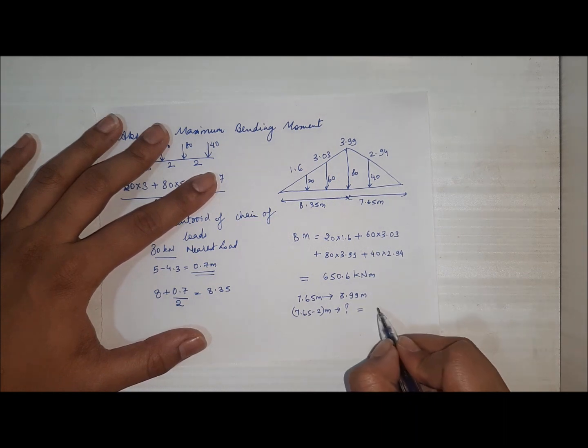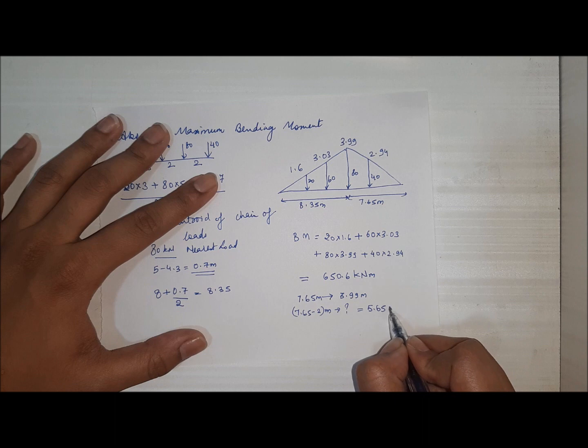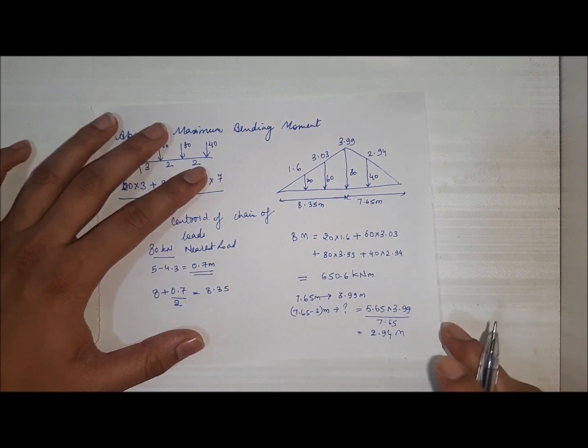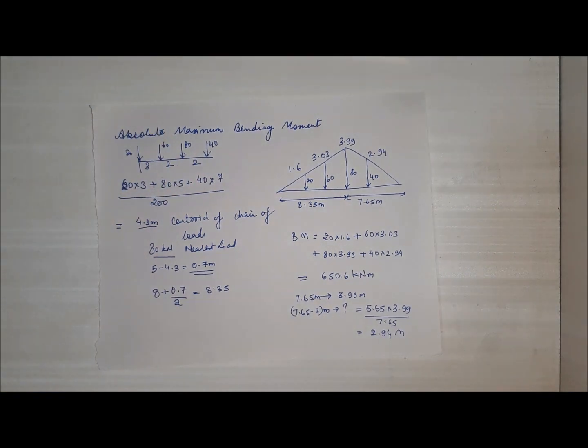It will come out to be nothing else but 5.65 into 3.99 upon 7.65, and so the answer would be 2.94, and so we will solve these two heights also, right? I hope I have covered each and everything in the ILDs for beams, all the cases and all the numerical parts. Thank you.